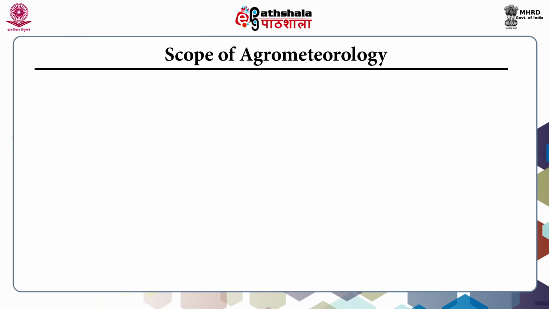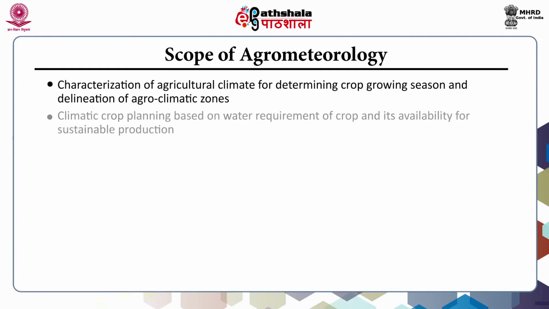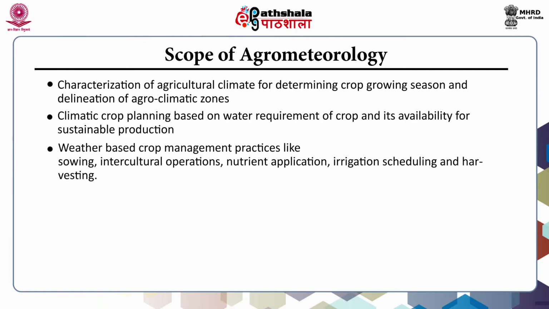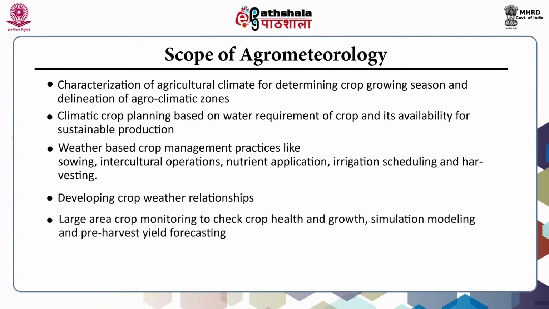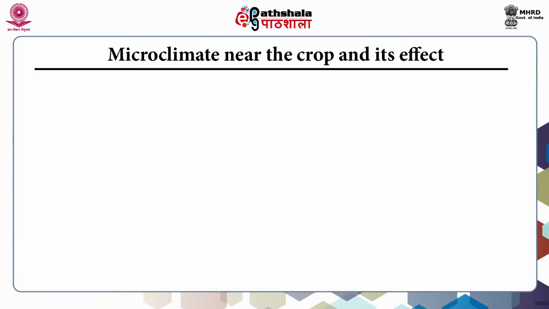The scope of the subject includes the characterization of the agricultural climate for determining crop growing season and delineation of agroclimatic zones, climatic crop planning based on water requirement of crop and its availability for sustainable production, weather-based crop management practices like sowing, interculture operation, nutrient application, irrigation scheduling and harvesting, developing crop weather relationships, large area crop monitoring to check crop health and growth, simulation modeling and pre-harvest yield forecasting, extreme climatic events and their management, and it also provides agro advisory services. Let's see the microclimate near the crop and its effect.